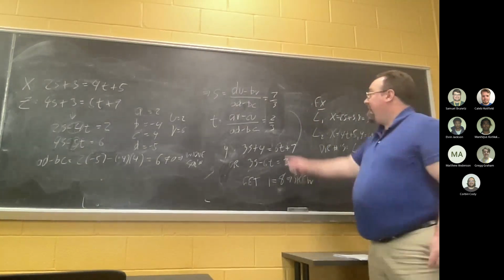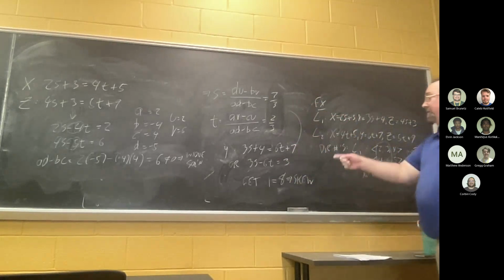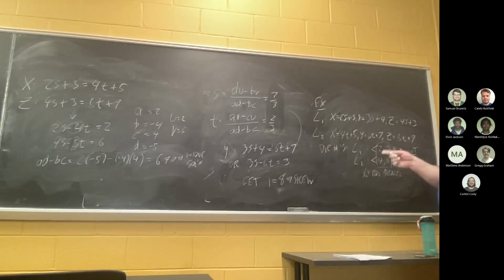So I want to make sure that the values for s and t satisfy this equation also. And who could tell me why it's actually not necessary for me to do that to know whether it does satisfy? There's a way to tell without grinding through all the algebra.